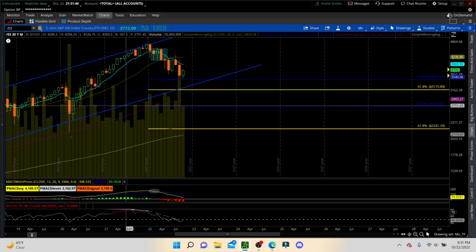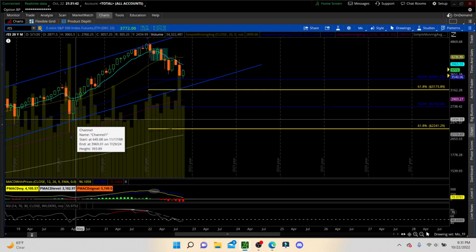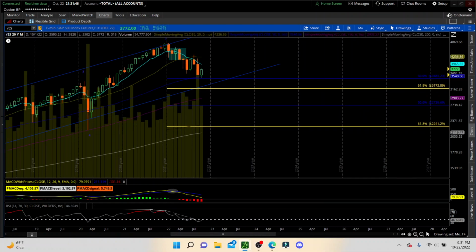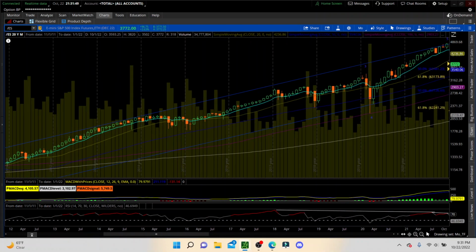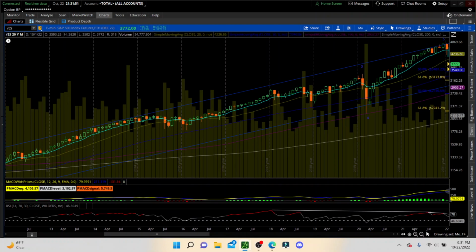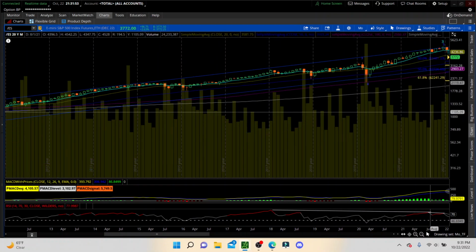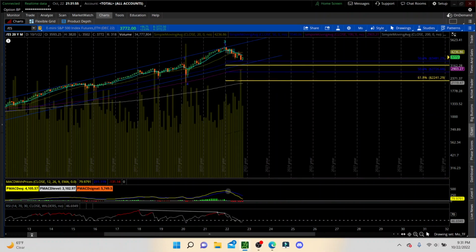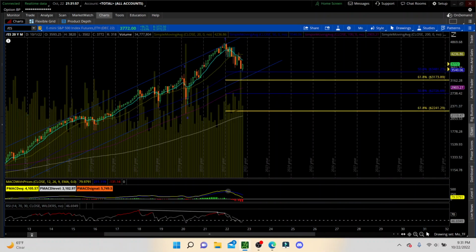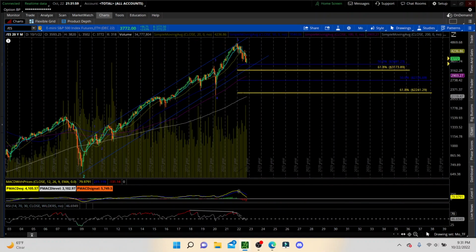This is not a definite channel bottom. I just put it here because it had the touches. We only have 2 points here, so this is not something that is real finite for me in this area.